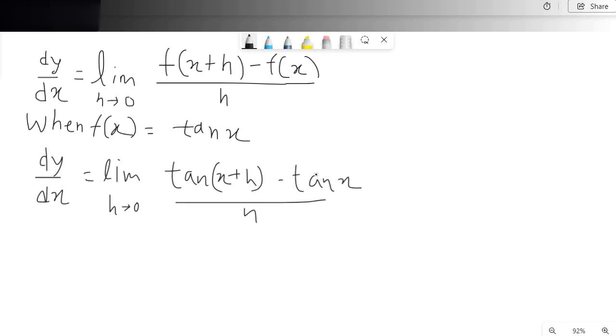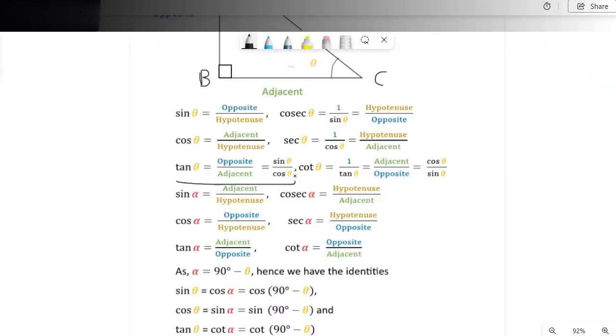Now for the differentiation of tan x, we don't necessarily have to use any of the factor formulas. Rather, we have to use one of the most important trigonometric identities, which is tan x equals sin x divided by cos x, as I previously mentioned in the diagram before here.